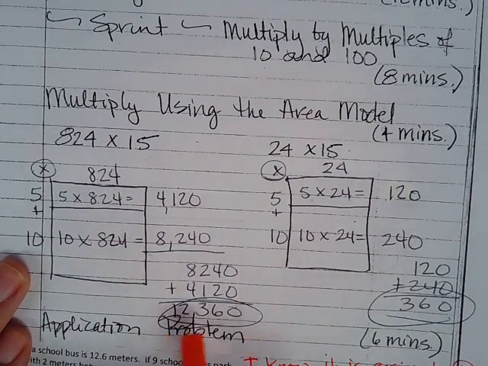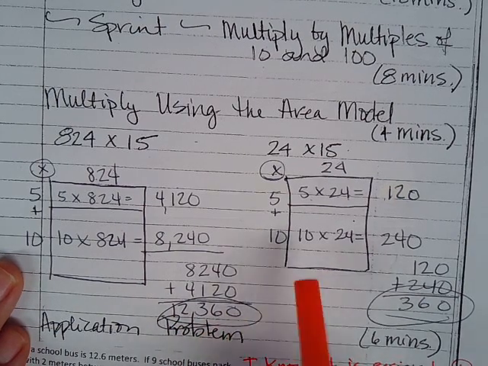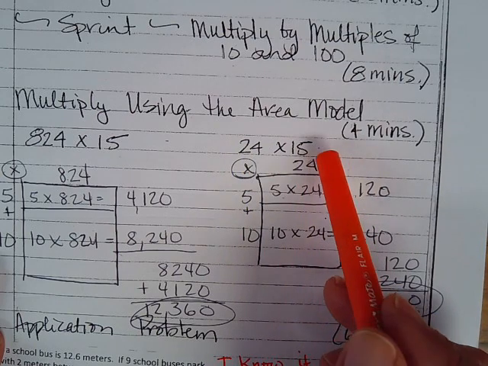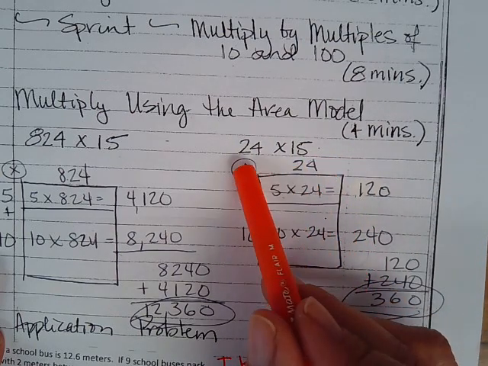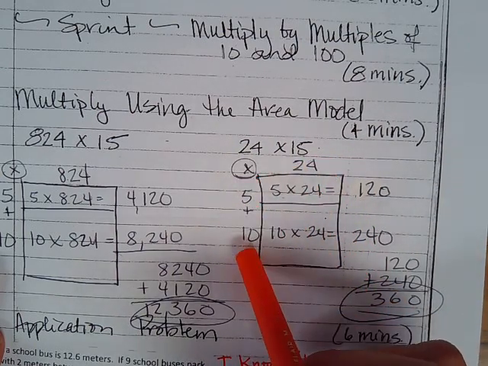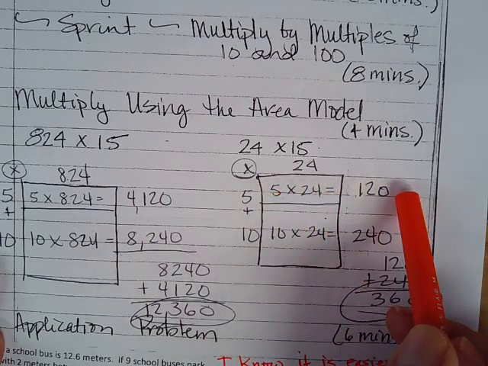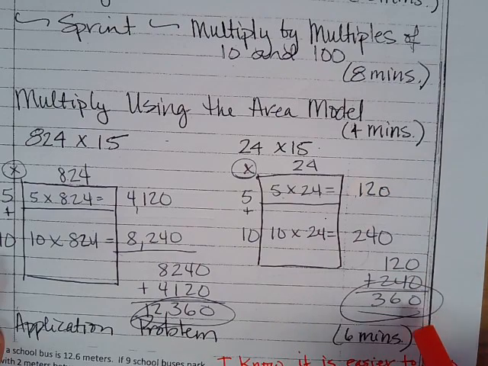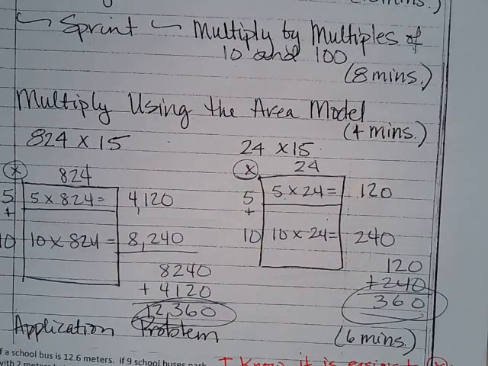Add them up and you get 12,360. Then using smaller numbers, 24 times 15 is 24 times 5 plus 10. So 5 times 24 is 120, and 10 times 24 is 240. Add them up and you get 360.